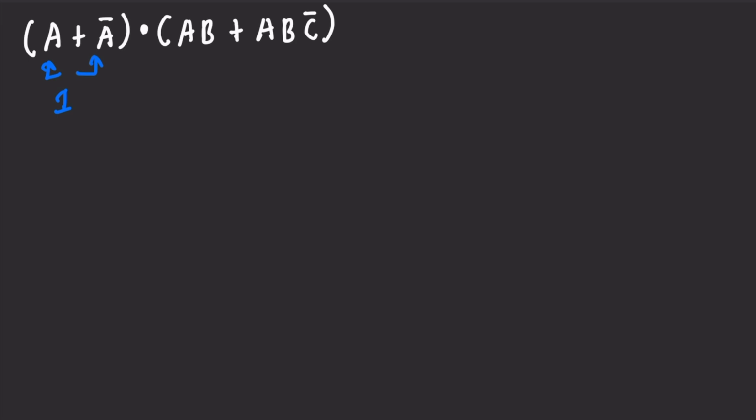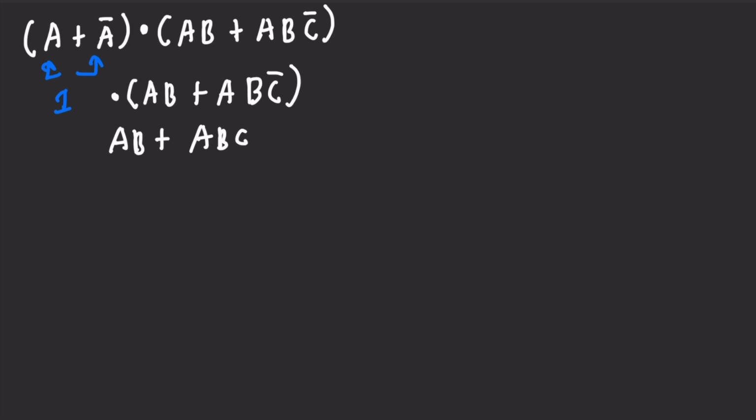So we'll multiply the 1 times AB, plus AB C naught. Okay, so we know that 1 times AB or 1 times ABC naught is just what it is. So we'll have AB plus ABC naught.